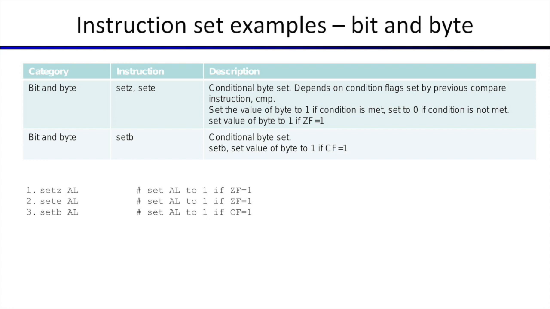SETE is the same as SETZ. Then SETB is if it is below. But basically SET takes all the condition codes from the previous slide that I showed, and you can use any condition code with the SET instruction. So the SET instruction sets the value of the byte based on all the condition codes that you can use.